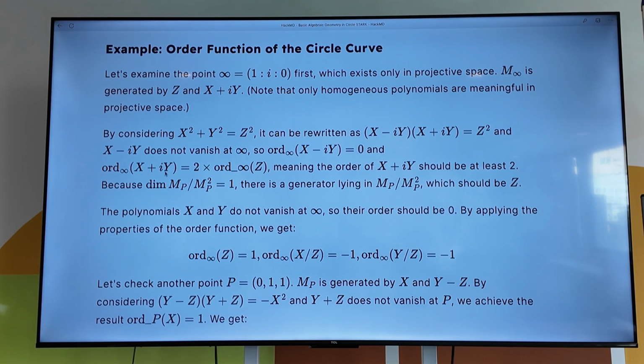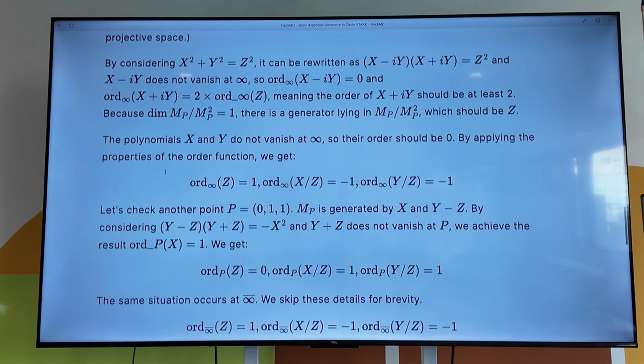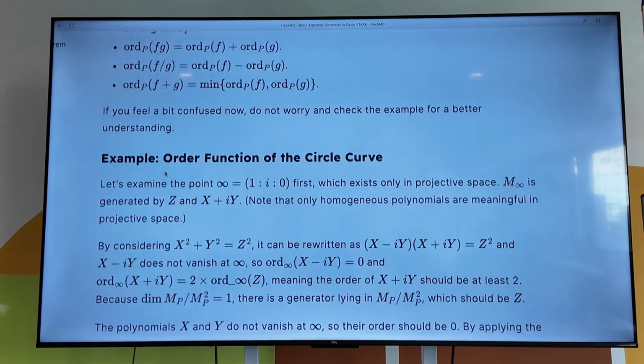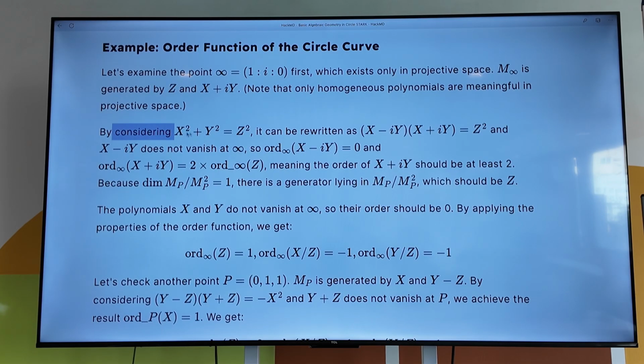The first is we can use the properties shown here, and we check by considering this equation, and it can be read as x minus iy multiplied by x plus iy equals z squared. x minus iy doesn't vanish at infinity.